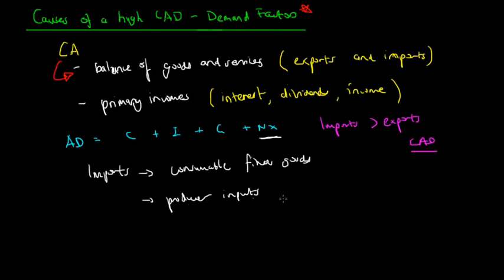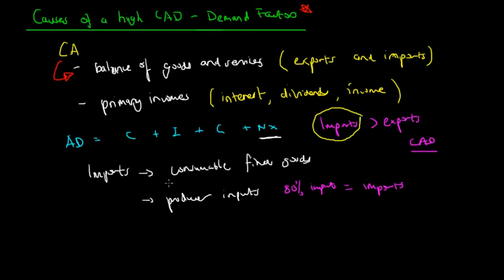So producer inputs, as we know, around 80% are imports. So how does this relate back to the current account deficit? What demand factors cause the current account deficit? Or to be more precise, what demand factors actually cause imports to increase?